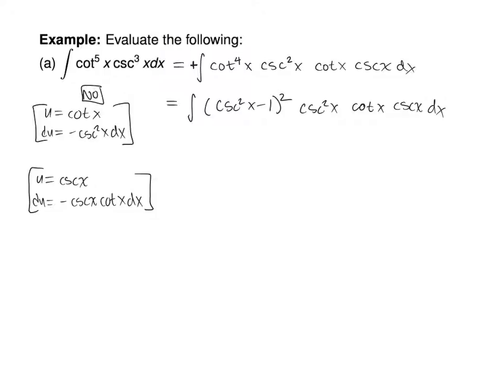Is that right? Okay, good. And at this stage, you make your substitution, yes? And put in the negative. So negative integral of u squared minus 1, squared, times u squared du.